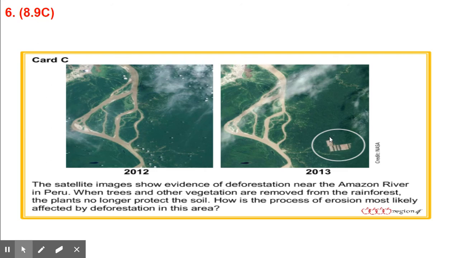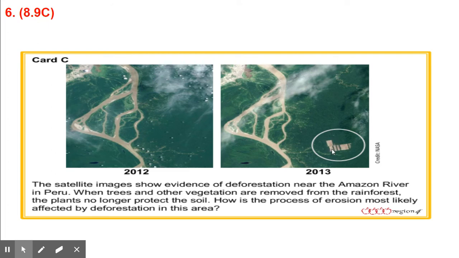So if they cut away an area, what happens is that this area is now vulnerable. So this soil is no longer held in place by the roots of plants and other vegetation. So this soil now could get washed away and it can go into the Amazon River. Okay, so erosion is going to increase.